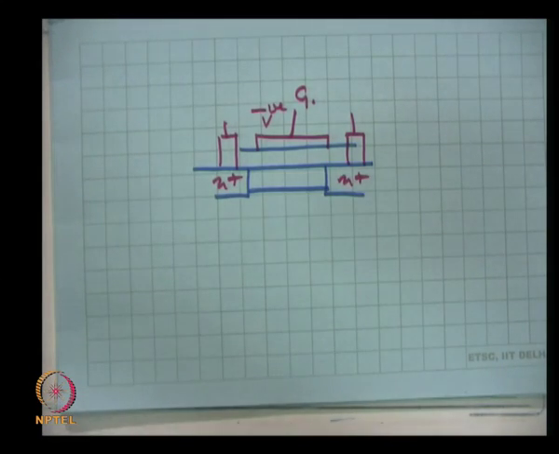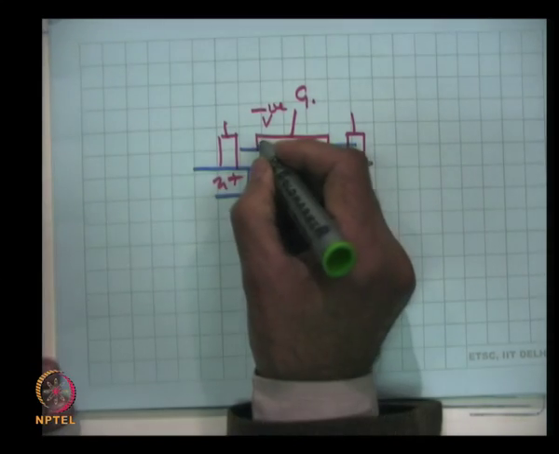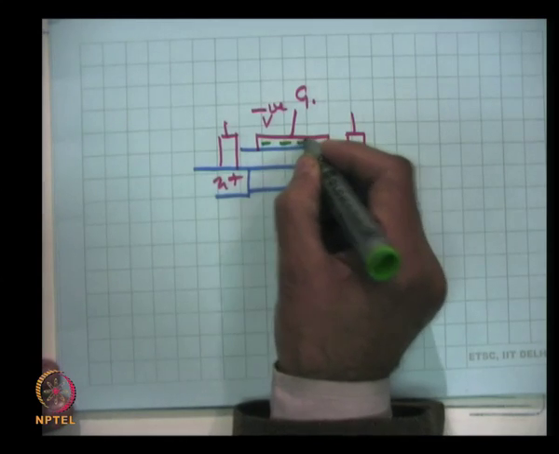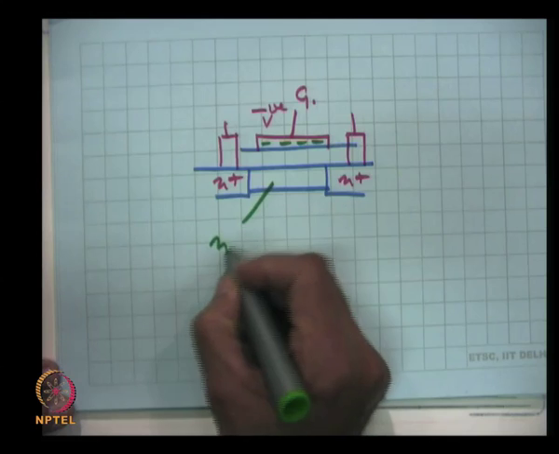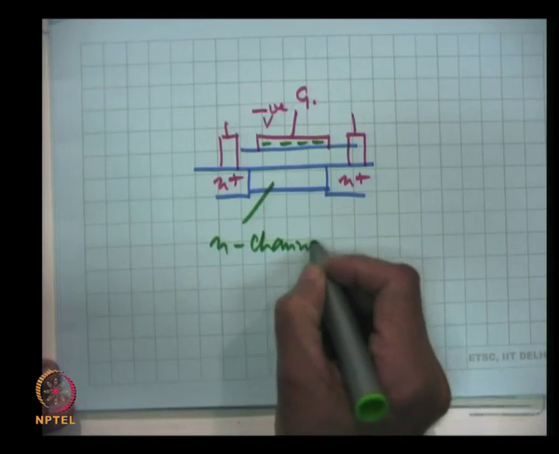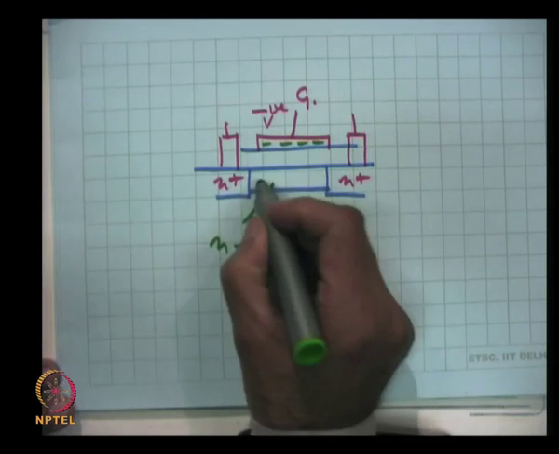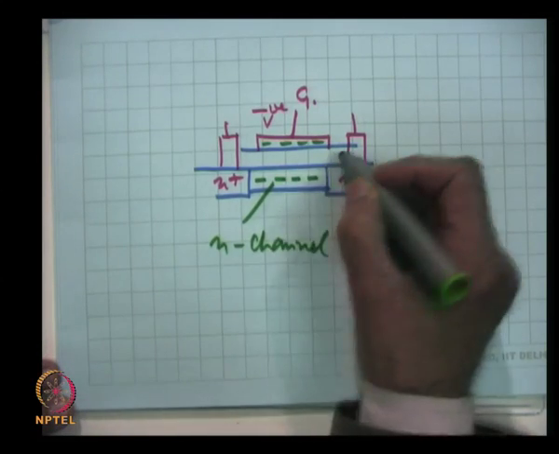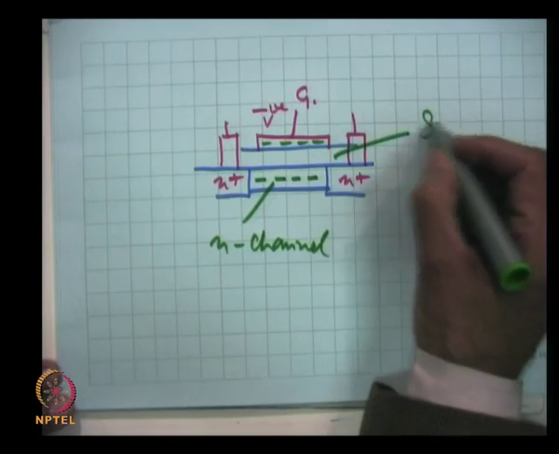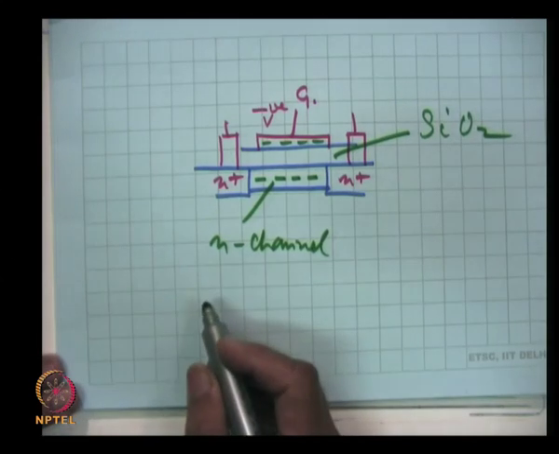these, look at these charges, this is negative charge and this is N type channel, N channel, and so here are the electrons, this is the SiO2 layer, a dielectric.